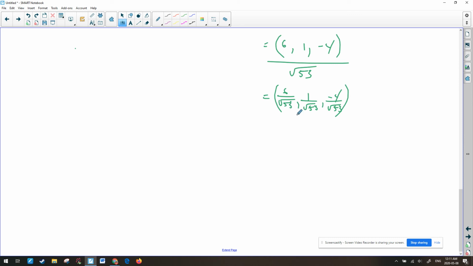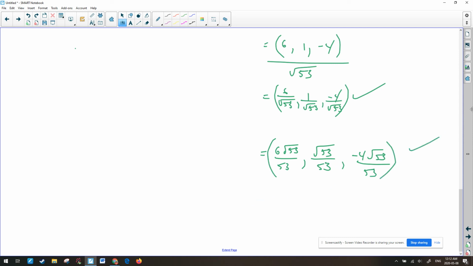You multiply by root 53 over root 53. So for now I would accept that, but really it should be 6 root 53 over 53, root 53 over 53, and -4 root 53 over 53, and there it is. That's the more elegant form, even though it looks pretty miserable.